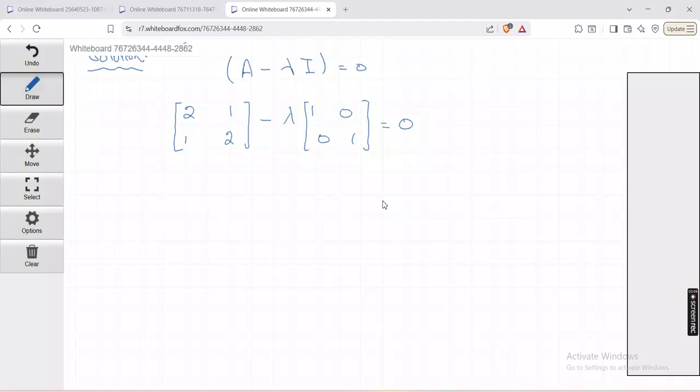Next one. Now you have to simplify these two. So we can say that A minus lambda is equal to 2, 1, 1, 2. And minus lambda will multiply inside, so this is 0, this is 0, and this will become lambda, and this will become 0. Now simplify it more.